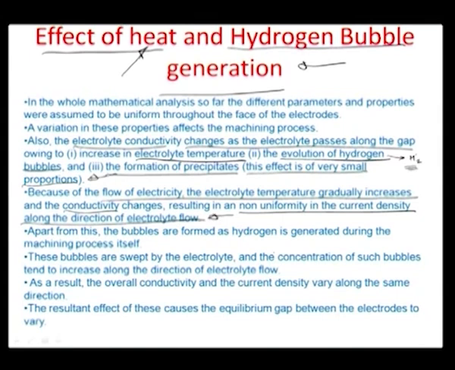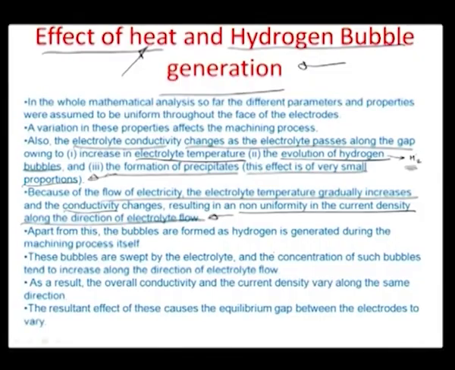High resistance would typically mean lower current. So, current density would reduce as the conductivity of the electrolyte reduces. With the change in temperature, of course, the conductivity, as we have seen, goes up. If the conductivity goes up, the resistance goes down and there would be an increase in the current.